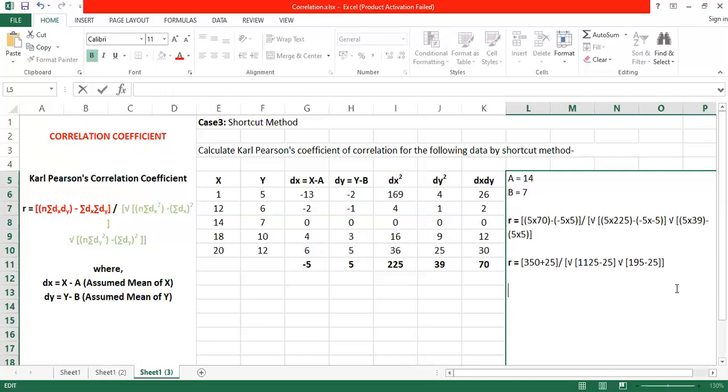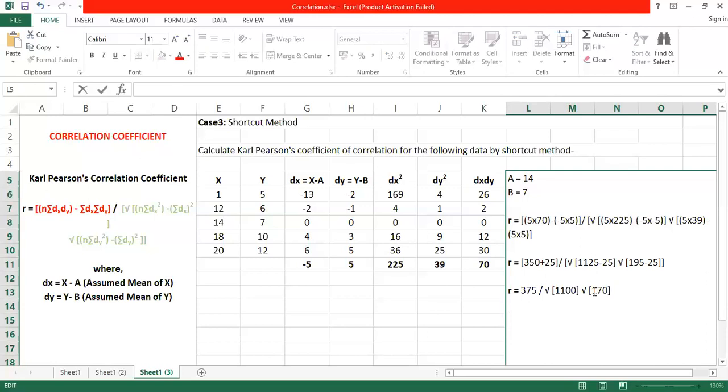So 350 plus 25 is 375 divided by square root of 1100 into square root of 195 minus 25 is 170, right?